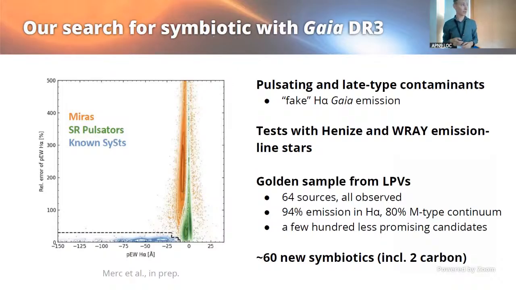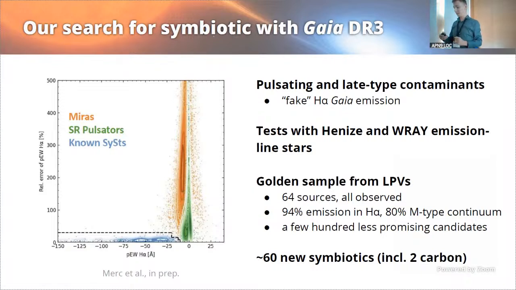So the good way we found to distinguish between these Miras and semi-regular pulsators is to take a look at the error of the H alpha that is reported, because those that seem to have H alpha in emission but measured with a 400% error, that's Miras. So it's a way to find Miras from spectroscopy without having any photometric information.